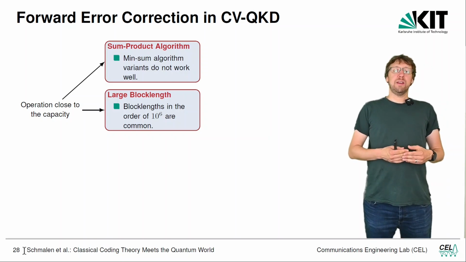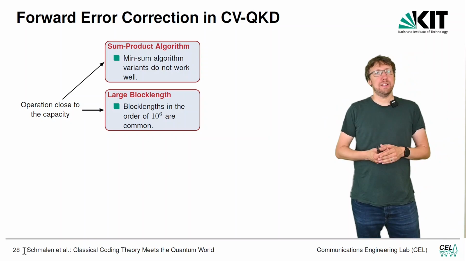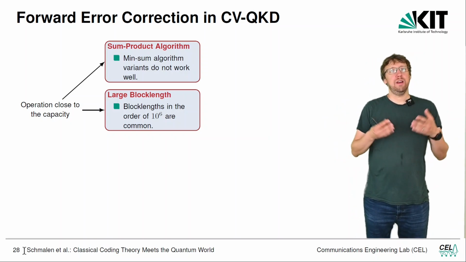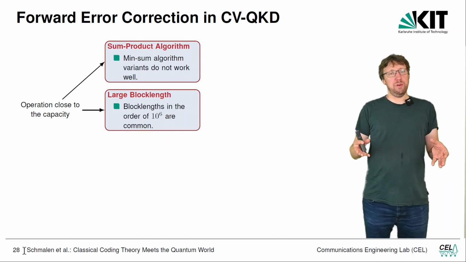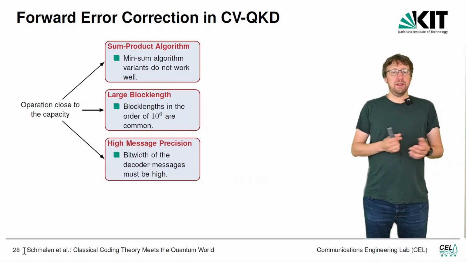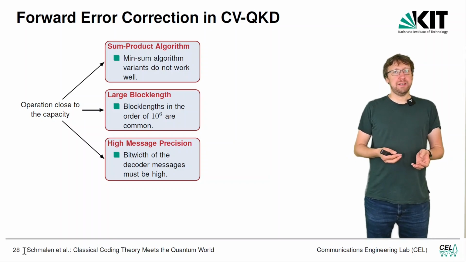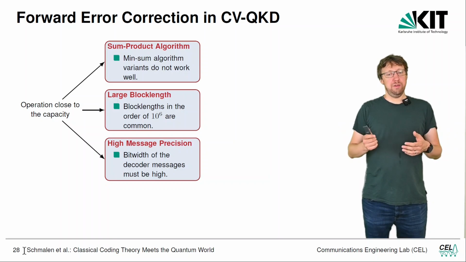We also need very large block lengths in order to get close to capacity, and this may also be challenging for hardware implementation. If you build hardware, you need a lot of memory inside your decoding circuit. And you need high precision of the messages, because at low SNRs you have a lot of dynamics in your messages.